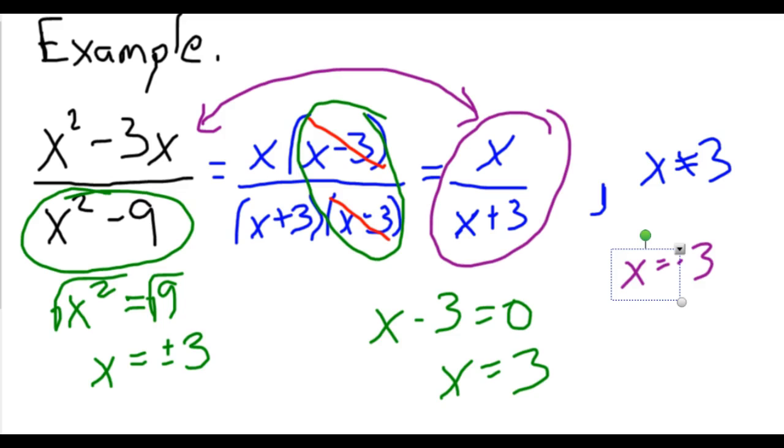So whenever you remove a factor, you need to make sure you include that in the domain as well. Okay, there's a lot of information going on there, so if you have questions, if you're writing this example down in your notes, maybe write a question on the side and you can come ask me, and we can go through that together.